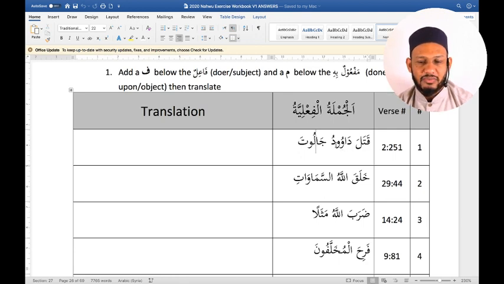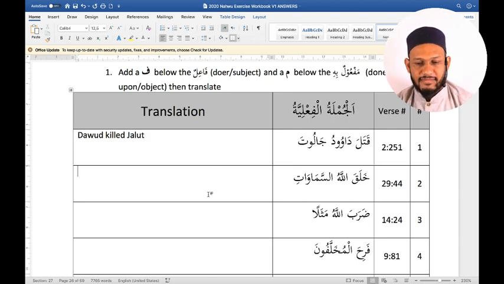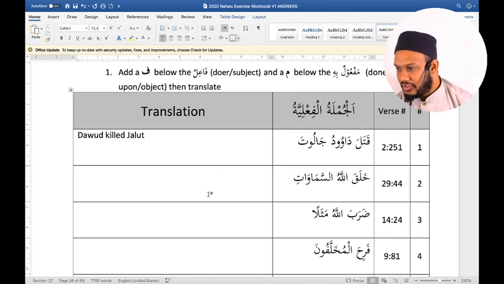The doer is the one with the u. That is the doer. Fa'il is Dawood. And the done upon, the maf'ul bihi, is Jalut. So this is going to be David. Dawood killed Jalut.